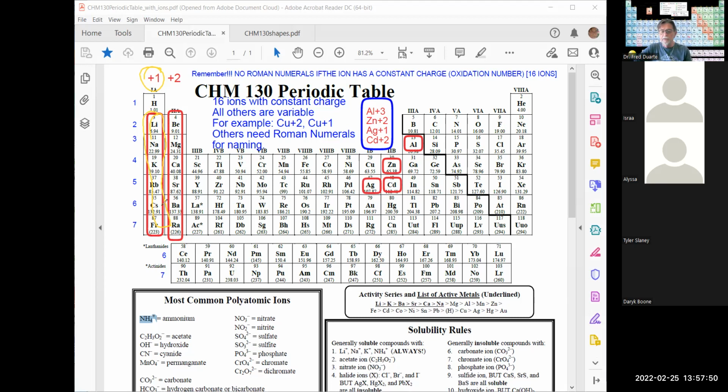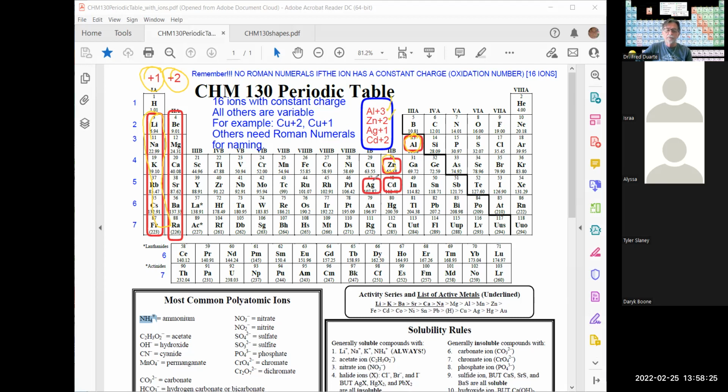Everybody in group 2A will always have a +2 when they lose those 2 electrons. Okay, so now you got 12 elements that are 100% of the time. This is important. 100% of the time, they don't have any different charges. That's always their charge. Then we're going to add 4 to the list. Aluminum here, Al, number 13, always has a +3 charge, 100% of the time. Zinc always has a +2 charge.